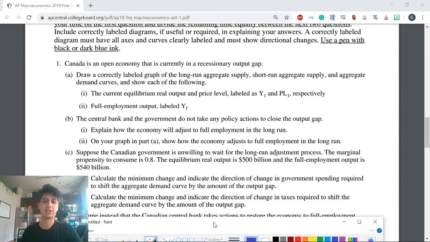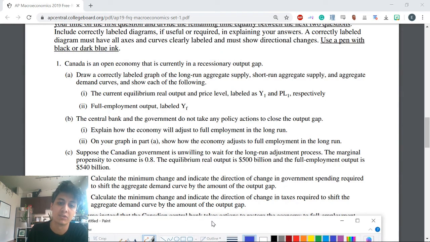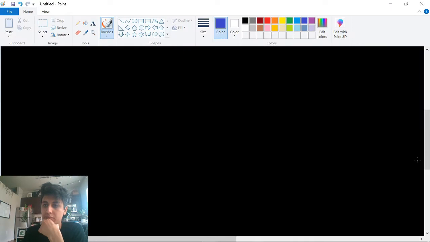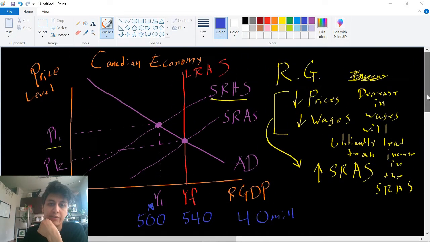Calculate the minimum change and indicate the direction of change in government spending required to shift the aggregate demand curve by the amount of the output gap, right? Our output gap is 40 million. So in this situation, the government wants to spend money to increase aggregate demand to get back to a full employment output.